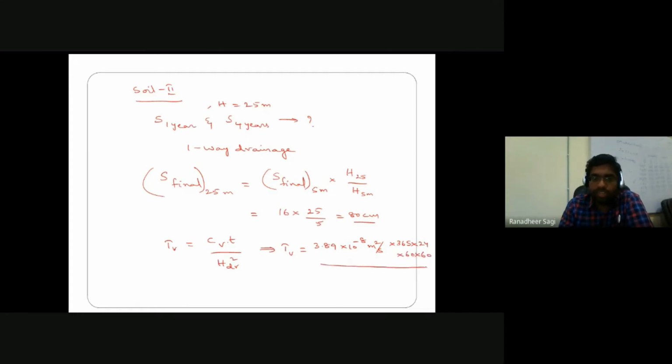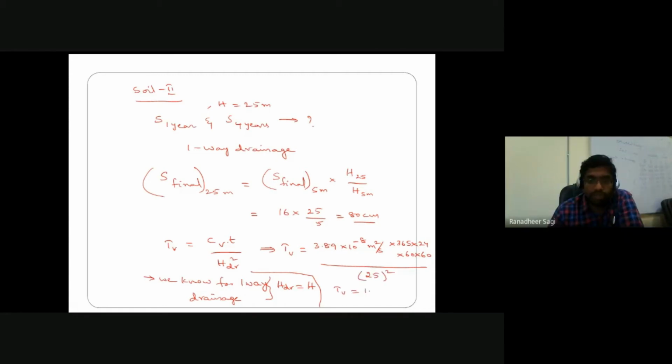This total is divided by Hdr square. Now what is my Hdr value? For one-way drainage, Hdr is equal to H. So the Hdr value we substitute in the denominator is simply H, that is 25 meter whole square. T comes to 1.96 into 10 to the power of minus 3.